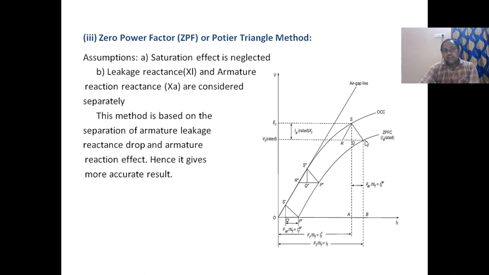From the point P, the distance O to P dash, the same distance we maintain here. So R to S, draw parallel to the air gap line. Once the point S is formed, directly attach the point P to S and we construct the triangle. Very simple construction. By using this triangle, we can determine the regulation of the alternator.